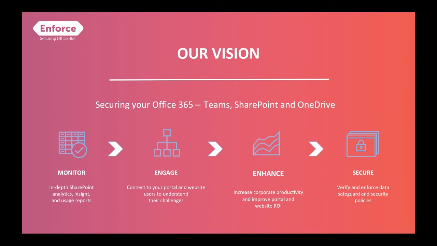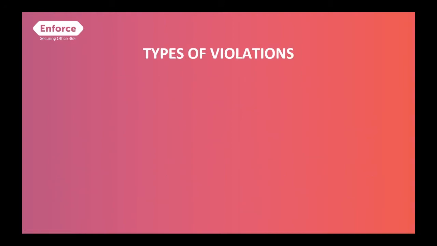And then finally, the last pillar is securing Office 365 by enforcing permissions and access, identifying breaches of information, and securing confidential data. This last pillar is the one that we will be discussing in more detail today by looking at different types of violations that exist in Office 365 and also how Cardiolog Enforce can help to secure and enforce.